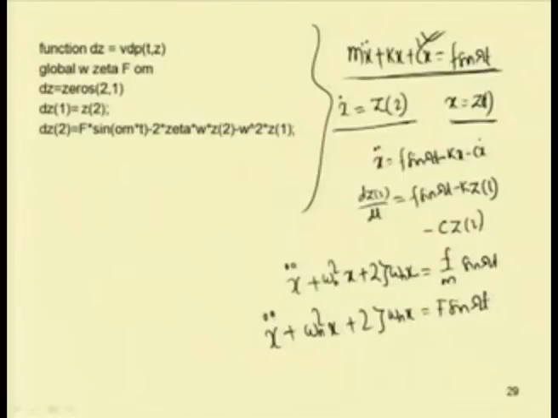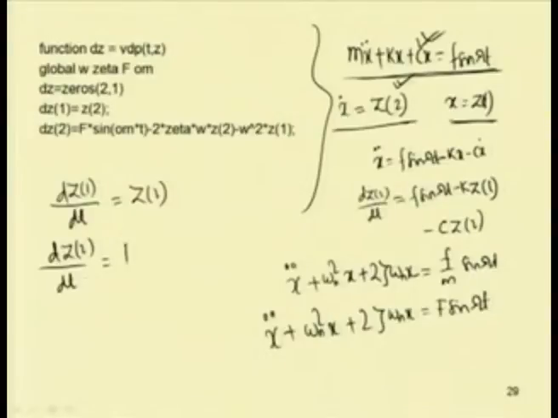The first is d z 1 by dt equal to z 2, and the second becomes d z 2 by dt equal to f sin omega t minus omega n square x minus 2 zeta omega n x dot.